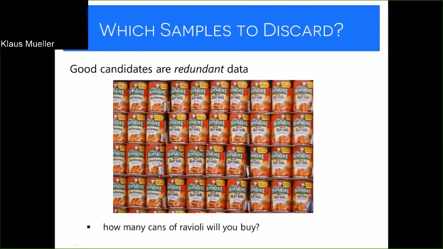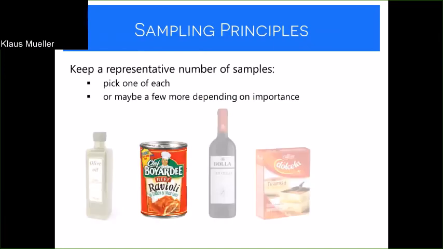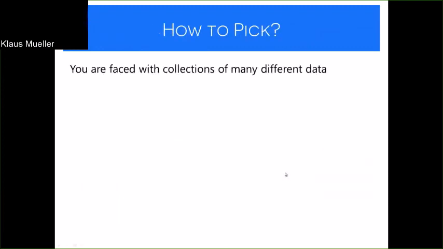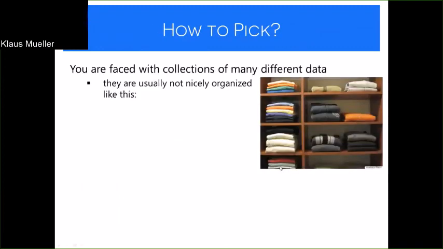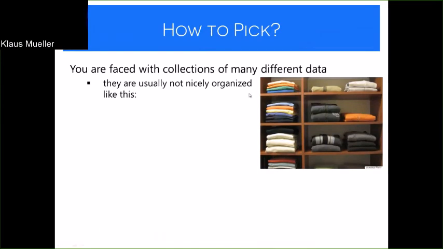If you go to a store, you usually don't buy all the ravioli cans they have. You only buy one of them, and you pick them depending on importance, so maybe 2 of these tiramisu boxes and so on. We talked about this before. You'll have many different data, and often they're not nicely organized like this. They look more like this.